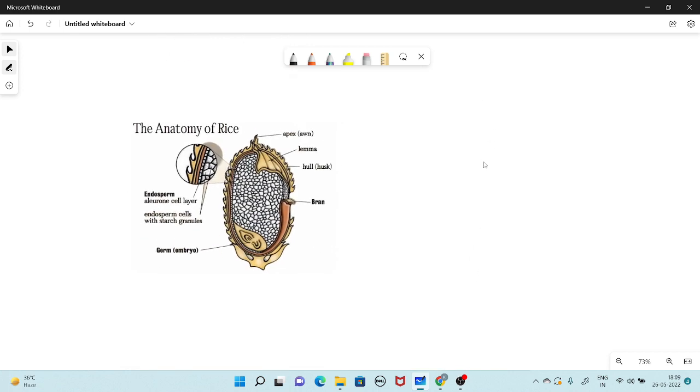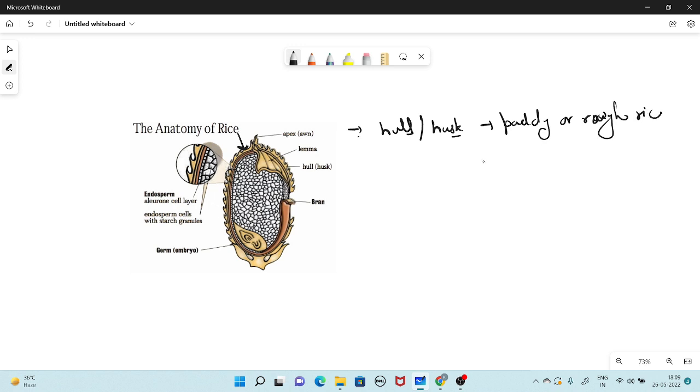Rice is basically the same as other cereals, but it has some differences from the others. First of all, it is harvested with the hull or husk attached to it, as you can see, the outer layer of the seed coat. When the hull or husk is attached, it is called paddy or rough rice.